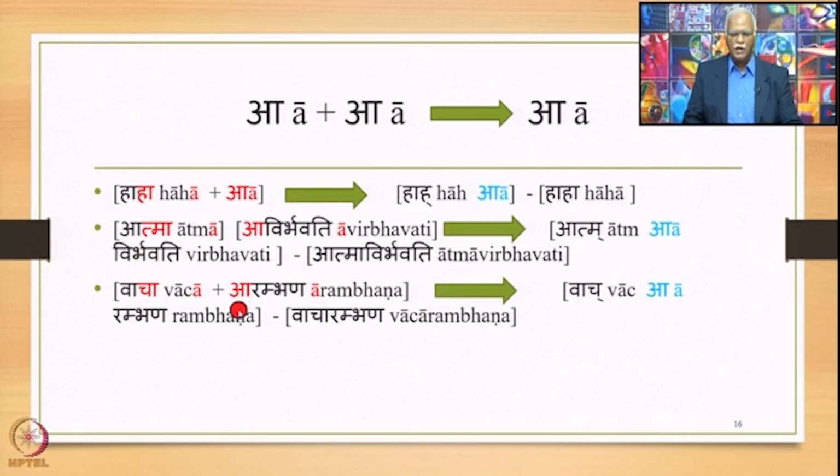Because this is a compound, Samhita is obligatory, and so in place of both A's, 6.1.101 applies and substitutes the long variety of A, that is long A, and so we have Vach, A and Rambhana as the output. When we join them together, we get Vacharambhana as the finally derived form. This is an example of A plus A as input and long A as the output.